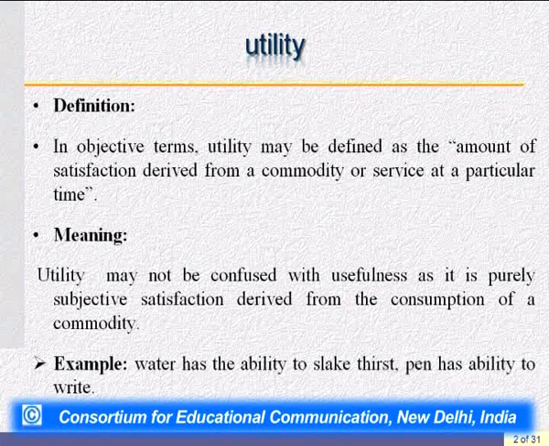Everybody is aware that we have unlimited wants, and a ranking of wants. Suppose you require a glass of water at a single time, and at another time you require money to go somewhere. These are different types of wants and different types of satisfaction.